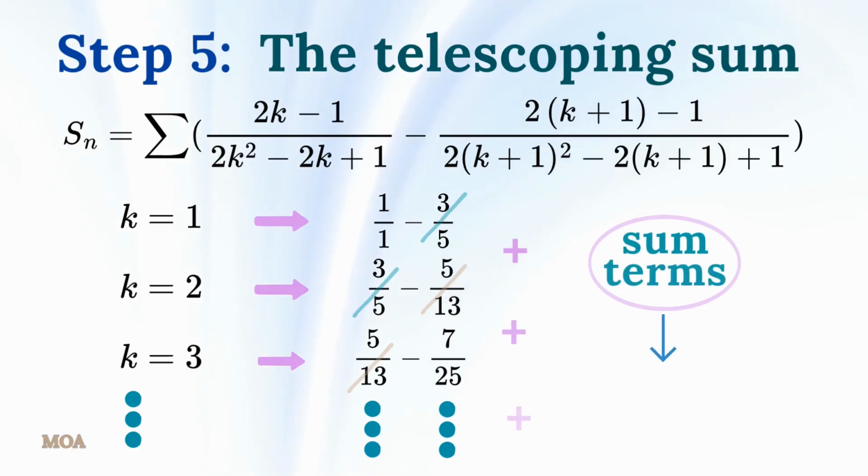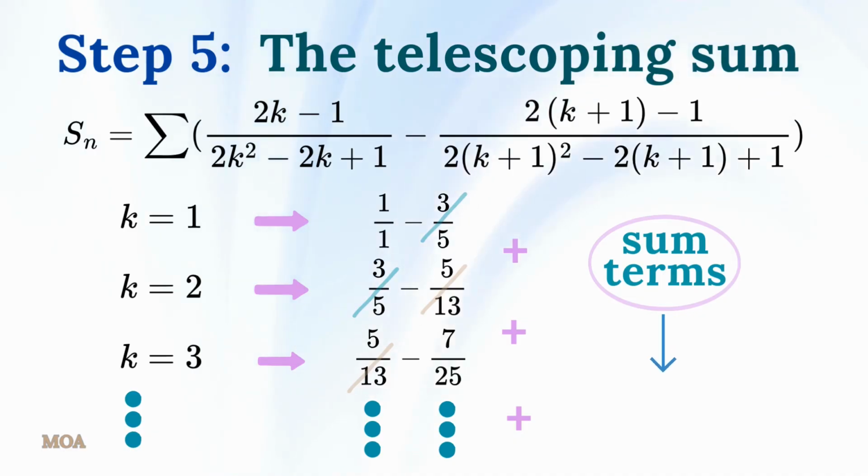Now, let us evaluate the values of each term, b sub k minus b sub k plus 1, namely k equals 1 gives 1 over 1 minus 3 over 5. K equals 2 yields 3 over 5 minus 5 over 13. K equals 3 leads to 5 over 13 minus 7 over 25.